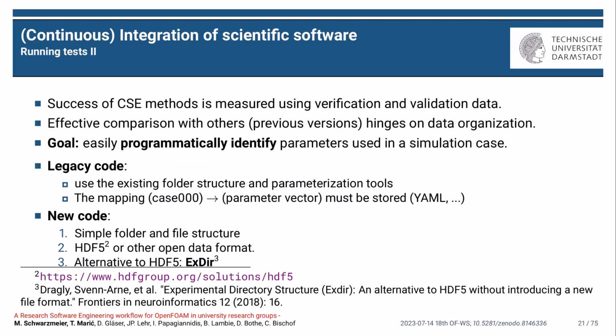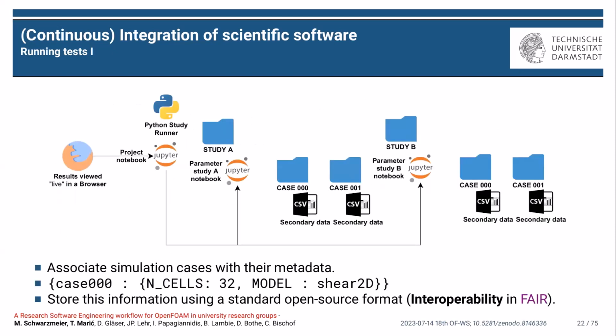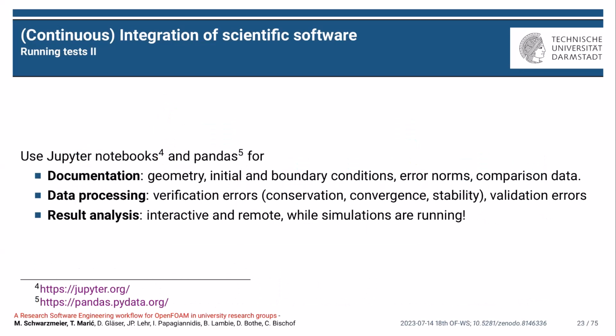So basically, what I already said, plus you might think about HDF5 or XDR, which are two file structures for describing the parameter studies. And then you use Jupyter notebooks and pandas as well.